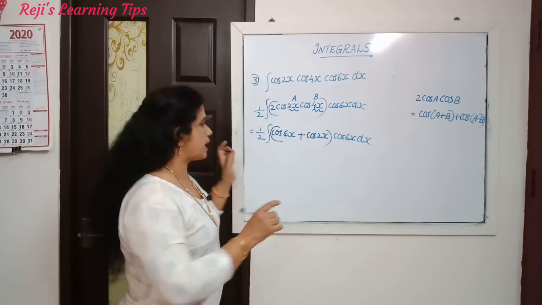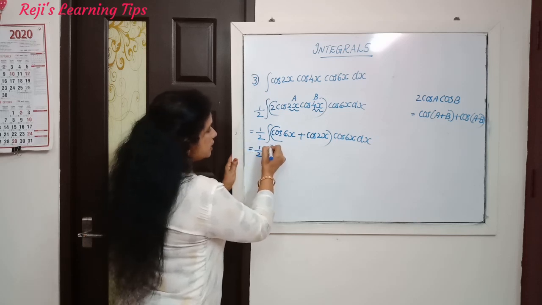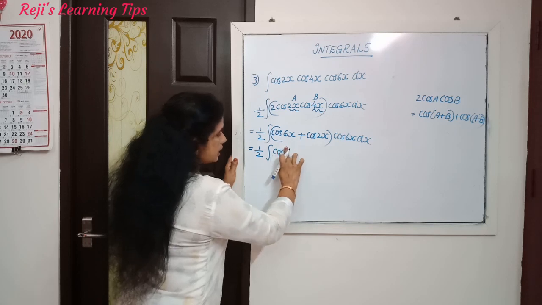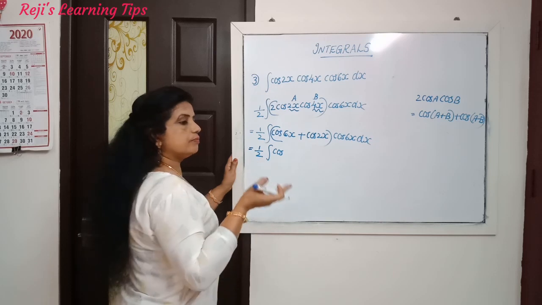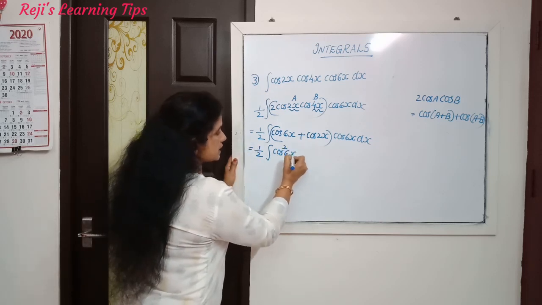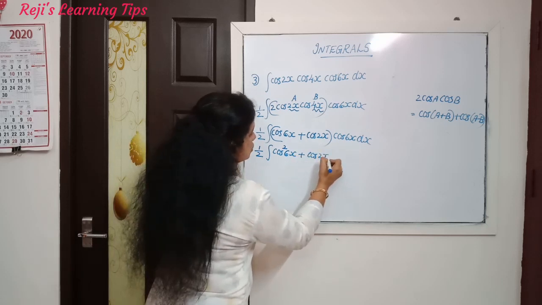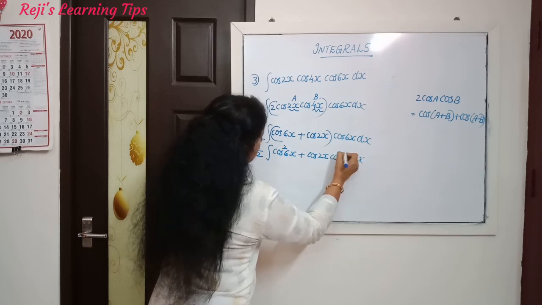Then we should open the bracket. That is equal to 1 by 2 into the integral of cos square 6x plus cos 2x cos 6x dx. Okay, understood?